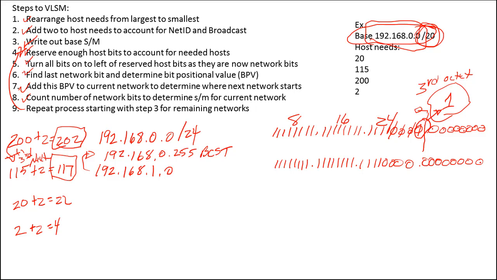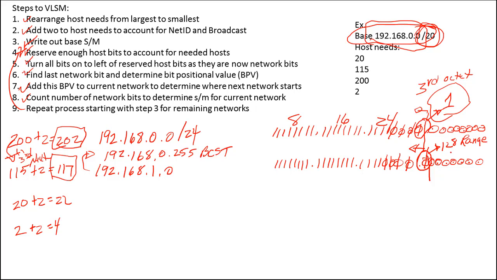So if I reserve one bit, that's 2, 4, 8, 16, 32, 64, 128, right? And that's enough. 128 gives us what we need. So everything to the left of that gets turned on. We find our bit positional value, and in this case it's a 128, and that's a range of this network.